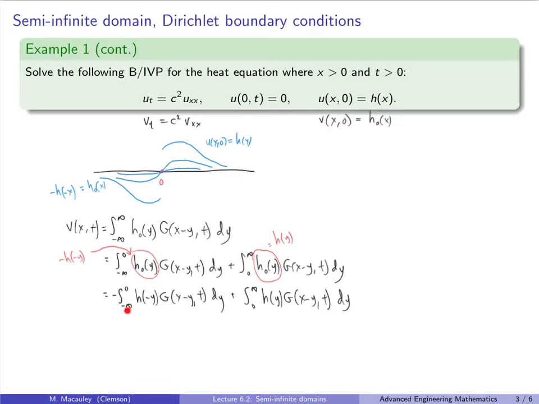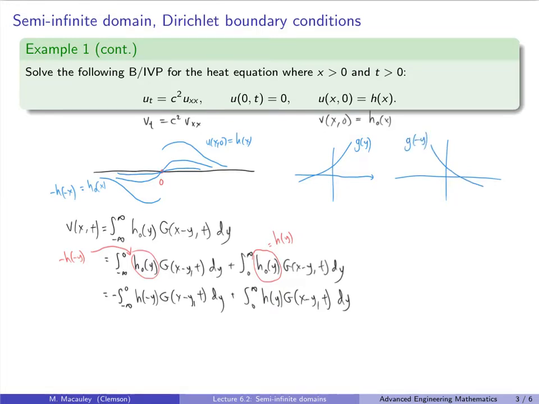This integral goes from negative infinity to 0, but I want to show you how we can simplify this. I'm going to draw just an arbitrary function, call it g of y. If we reflect this across the vertical axis, then that function is, of course, g of negative y. So this is g of negative y.